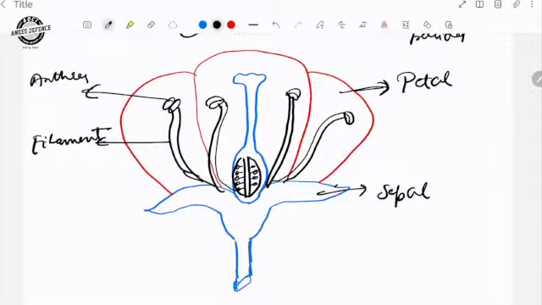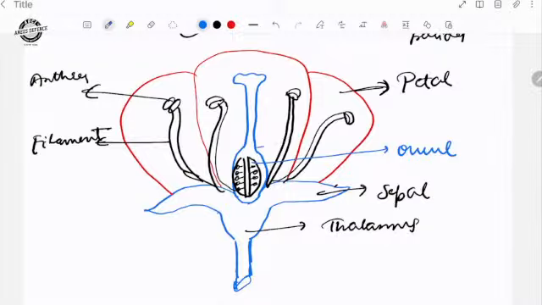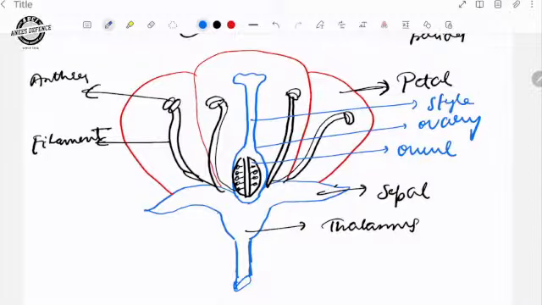What next? This is thalamus. This is ovule. This is ovary. This is style. And this is stigma.